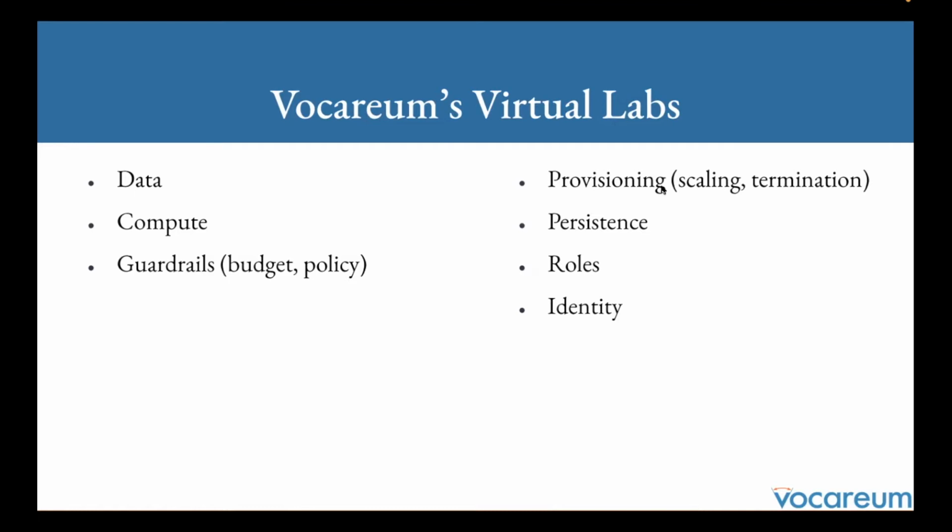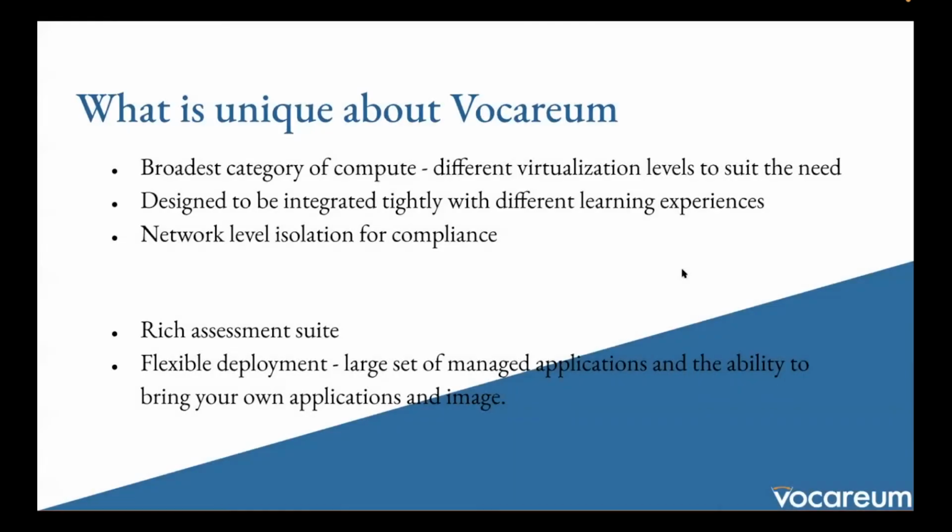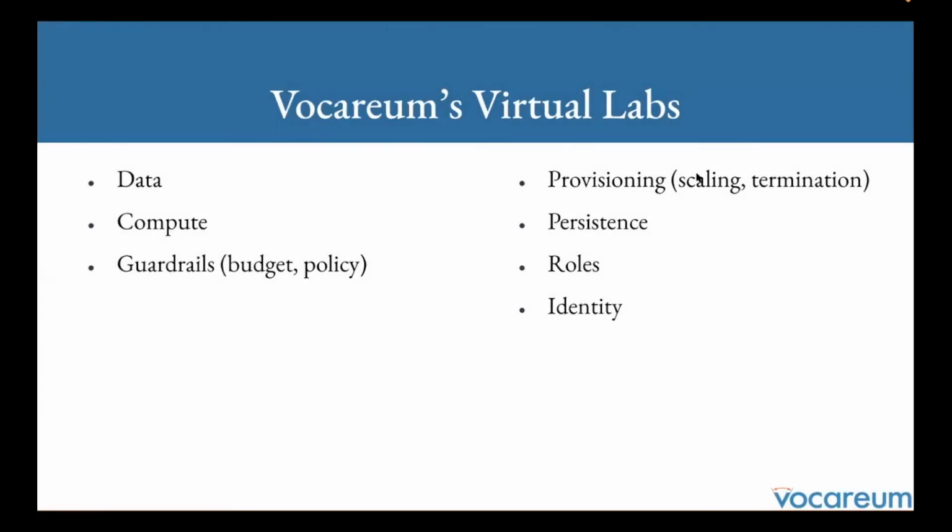Provisioning, we deal with everything to do with scaling and termination. So when the learner comes there, we'll make sure that the resources are there. And then we worry about data persistence, so that when the user comes back to the lab, they can start from where they were.